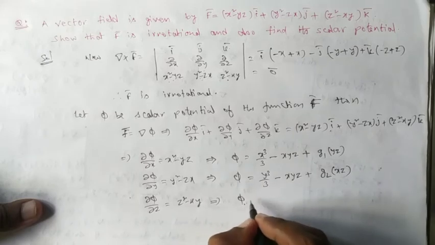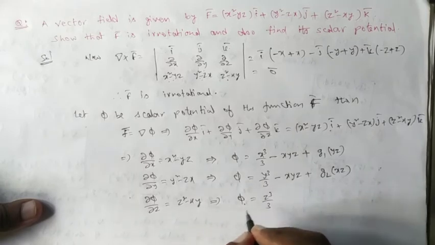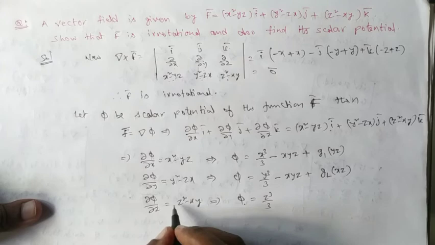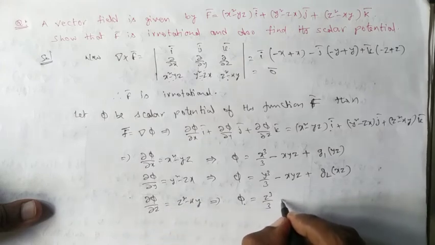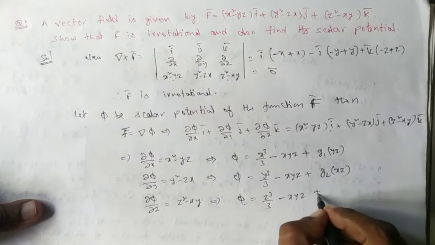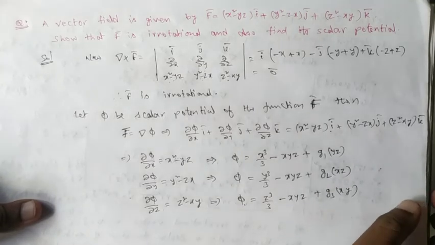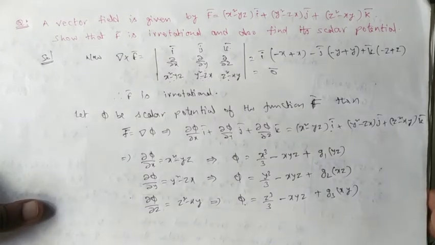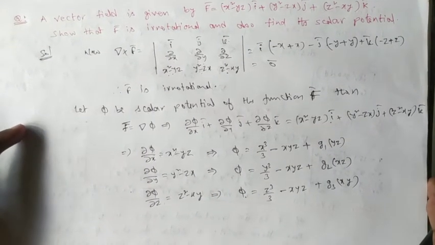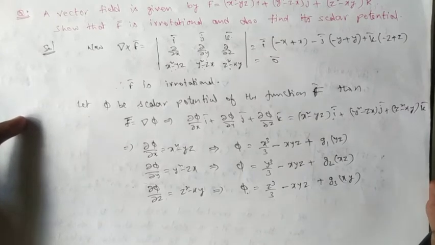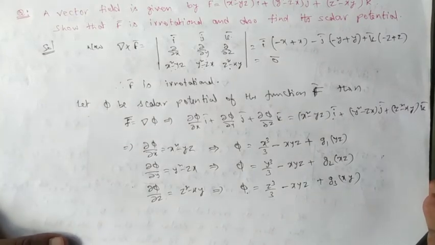Similarly, integrating with respect to z partially, pi equals z cube by 3 minus xyz plus some function of x, y. So there are several ways to identify pi of x, y, z using differential calculus, but I am giving you a shortcut to identify the answer here.